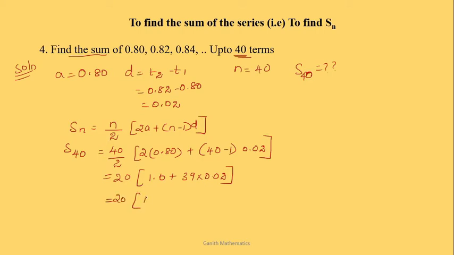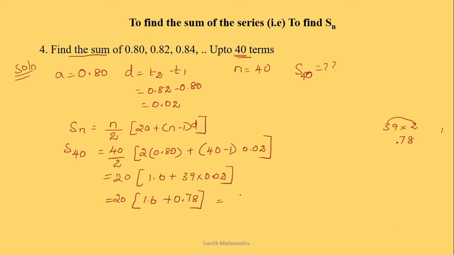So 20 into 1.6 plus 39 into 2. I'm going to teach how to multiply. 39 into 2 will be 9 2s are 18, remaining 1. 3 2s are 6 plus 1 is 78. And after the decimal there are 2 points, so it is 0.78.